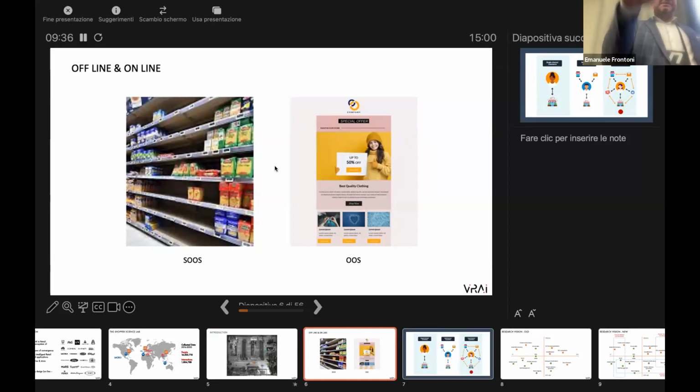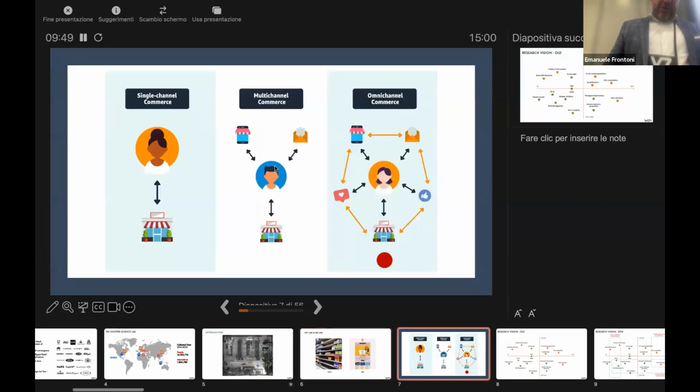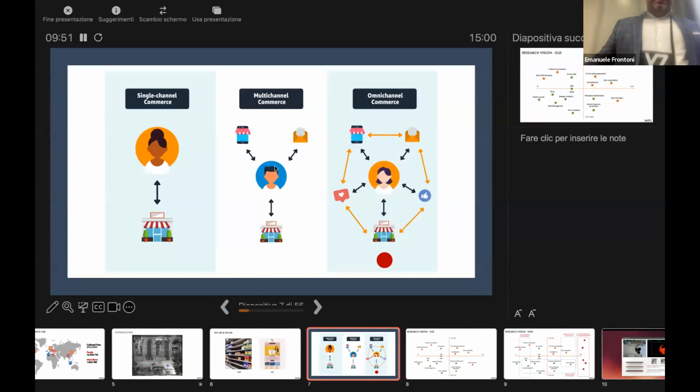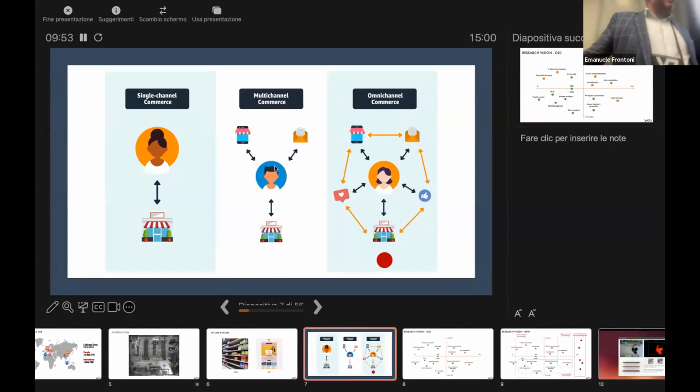You click, you go inside, and your very nice shoes are out of stock again. And you cannot buy. And when there is nothing on the shelf, like in the picture, you cannot buy something. Why am I telling this story? Because even if we have been discussing omnichannel retailing for, I think, a decade, we are still far away.